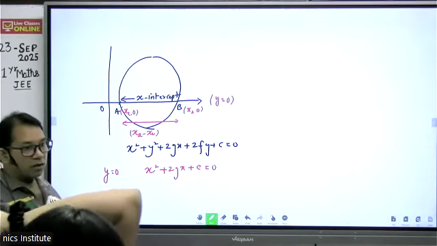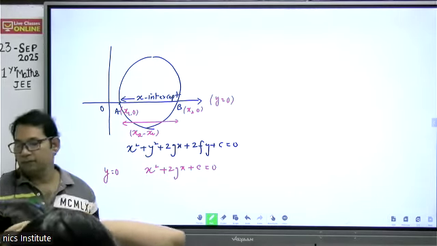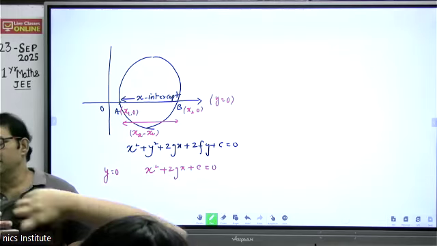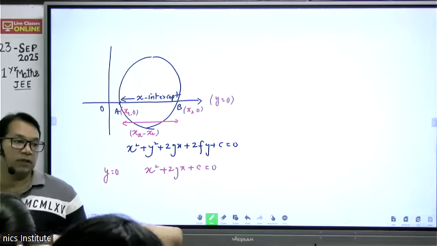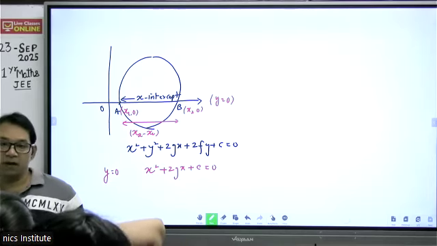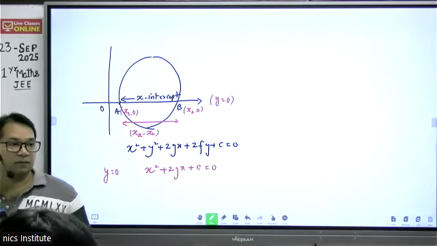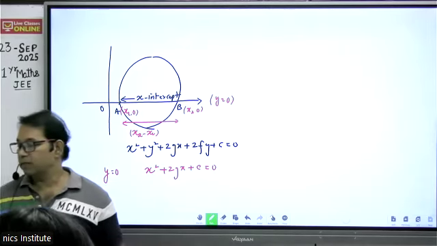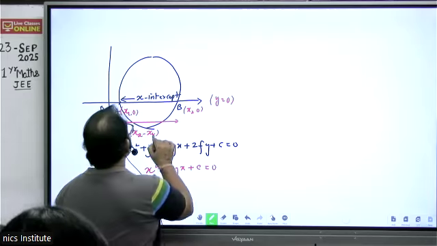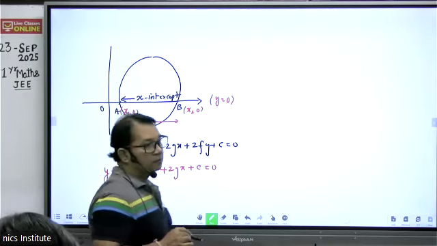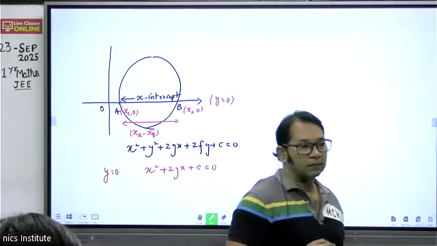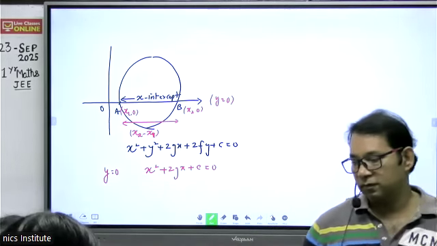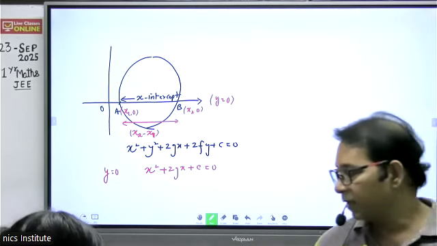This is a quadratic equation. इस क्वाड्रेटिक इक्वेशन के दो रूट्स हैं, एक x1 comma zero, दूसरा x2 comma zero. So you can find x1, x2, you can find x2 minus x1. This quadratic has roots x1, x2. तो हमें x2 minus x1 निकालना है.